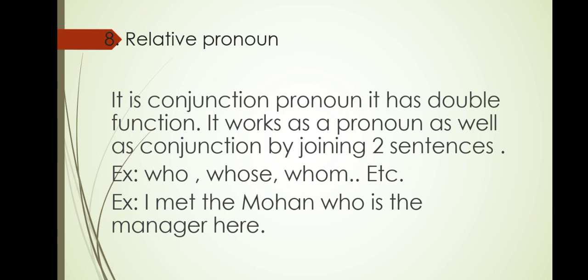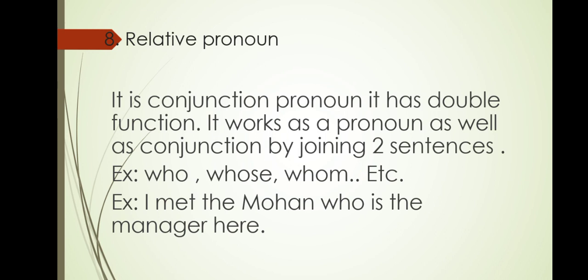It joins two sentences into a single one. When two sentences are separate and you have to make them a single one, you will use a relative pronoun and join them. So, it works as a pronoun as well as a conjunction.